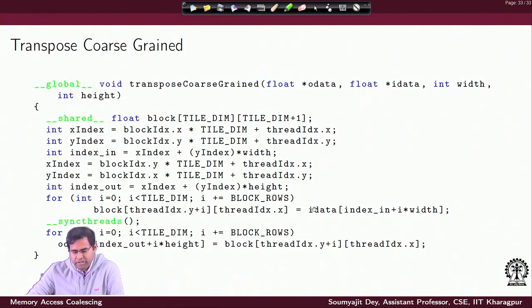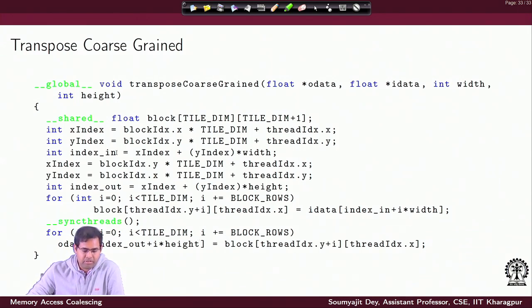I read from iData using index in to the block or the tile, and then from the tile I use a normal access. As you can see, there is no flipping while reading and writing from the tile. You straight write to the tile, you straight read from the tile. You use index in to read from iData, you use index out to write to oData.